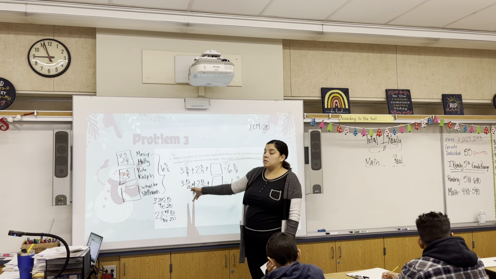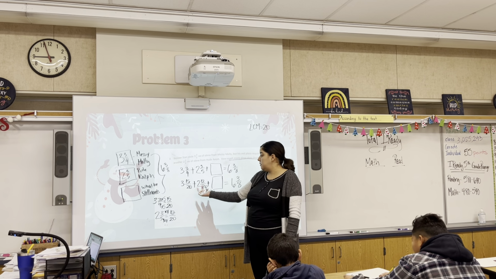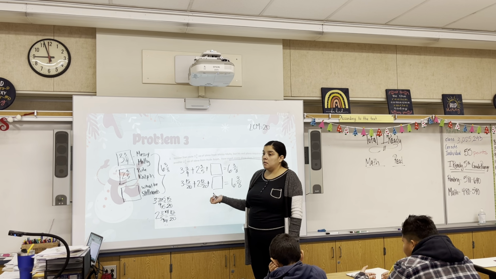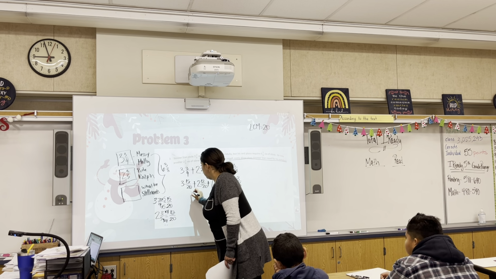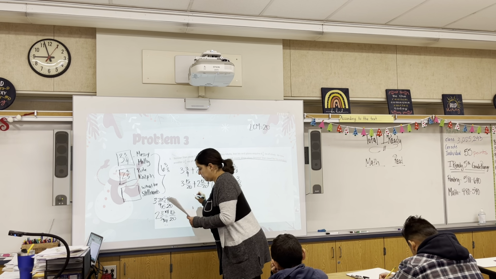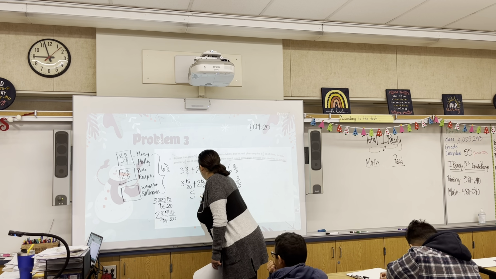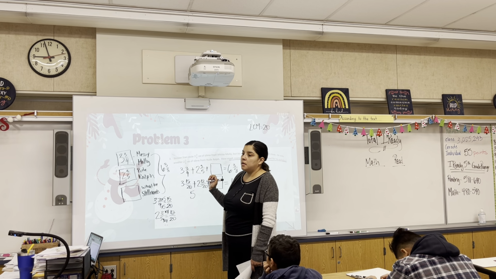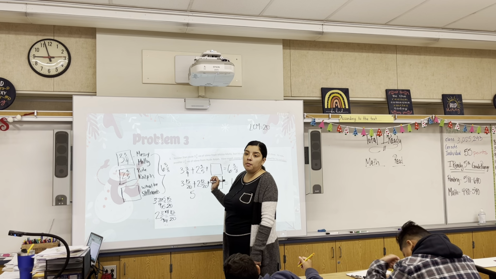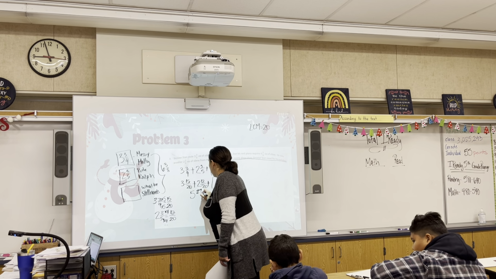No. So how do I add this? Add the wholes first. Okay, so what is my new whole number? 5. Good. And my fractions, what do they add up to? What do they add up to? 27.